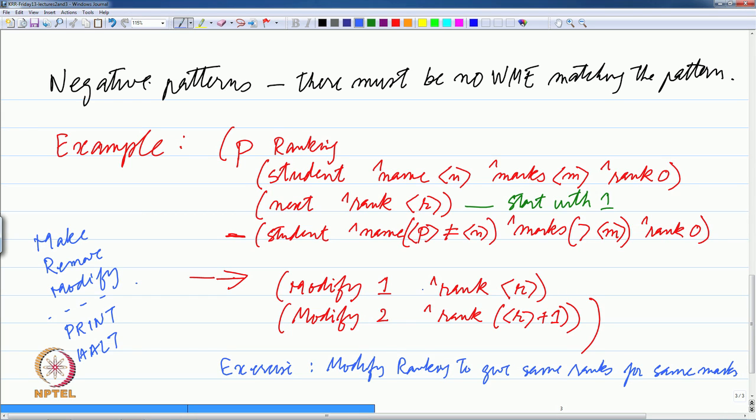Now, what the Rete net will do is that only those modified tokens, in this example the 2 tokens that we have here for student and next, only these 2 would be fed to the network. These 2 tokens will go down the network again and it may activate some new rule.